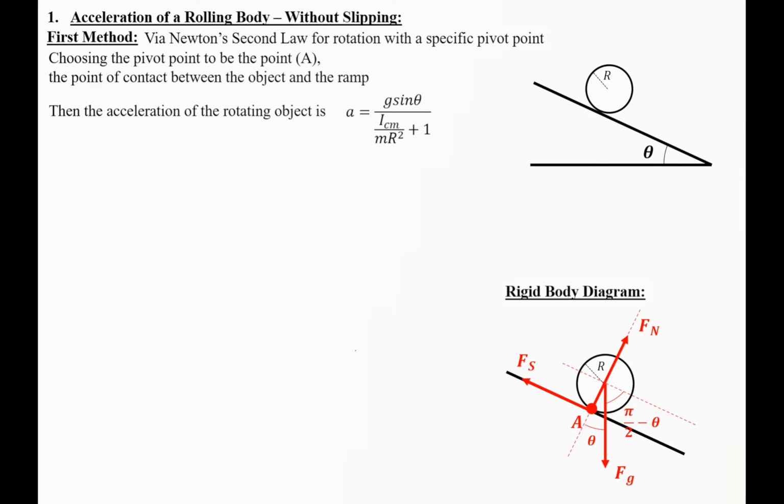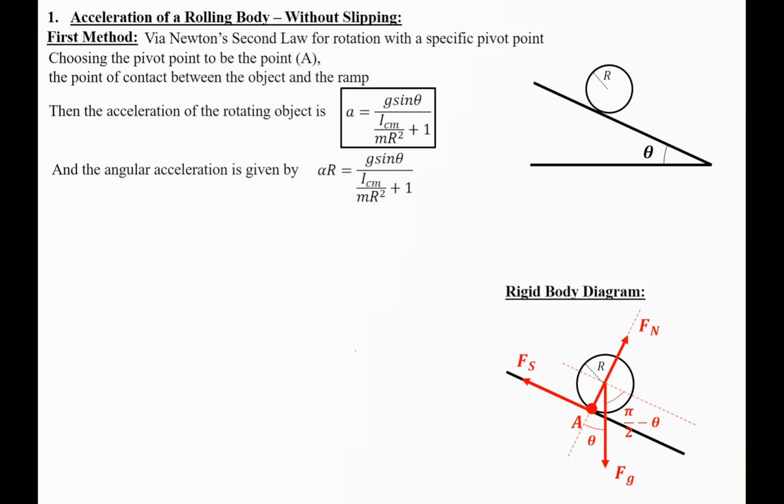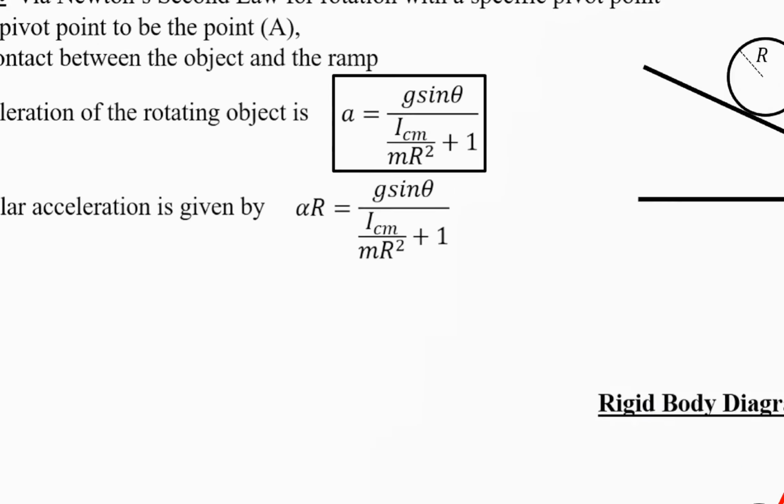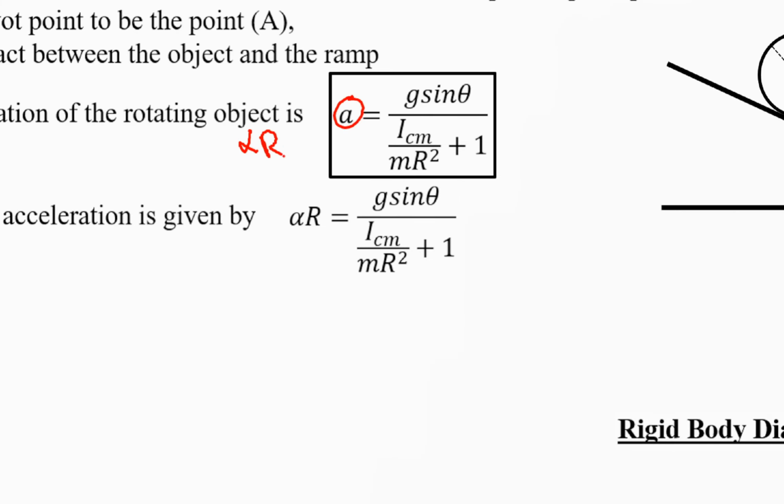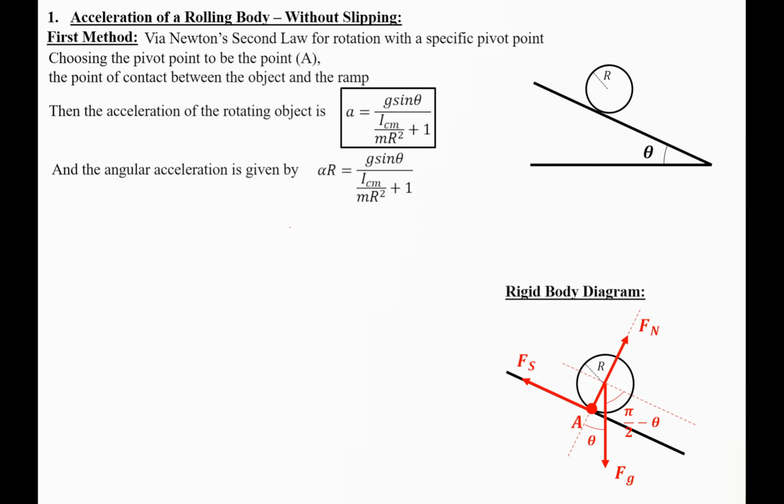Then the acceleration of the rotating object is given by the following expression, and the angular acceleration can be determined from a by knowing that a is given by alpha r and replacing it here.